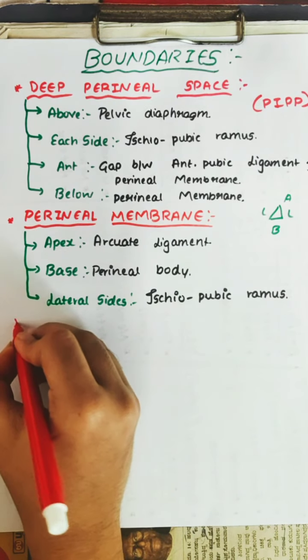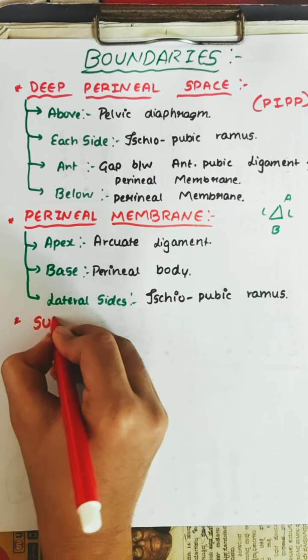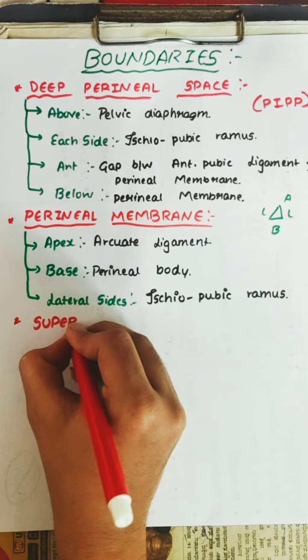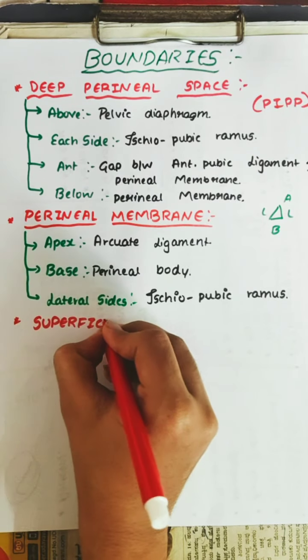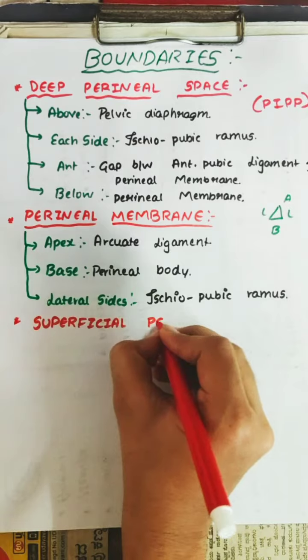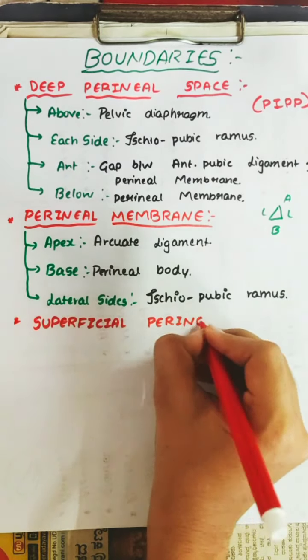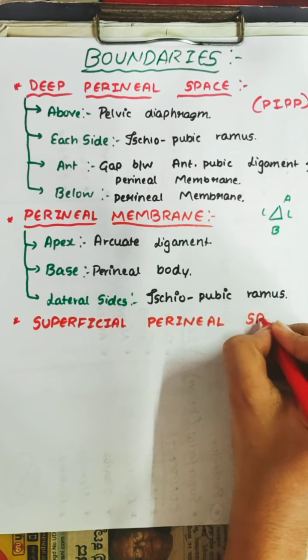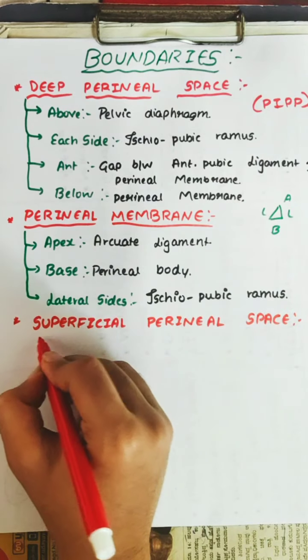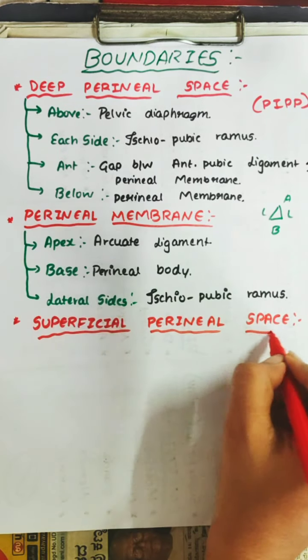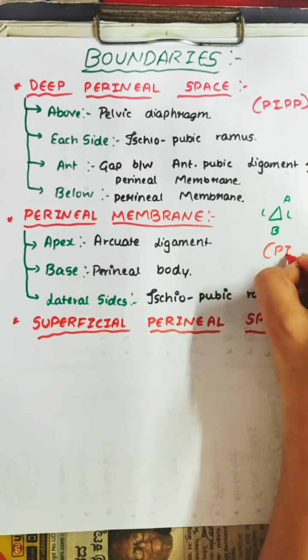The third one which we will discuss is the superficial perineal space. You can remember it as PIA.